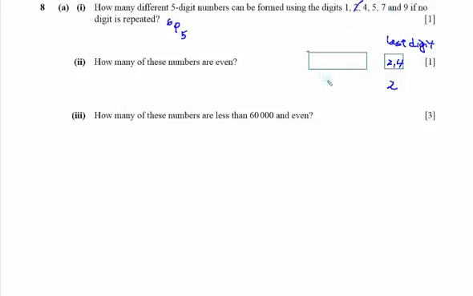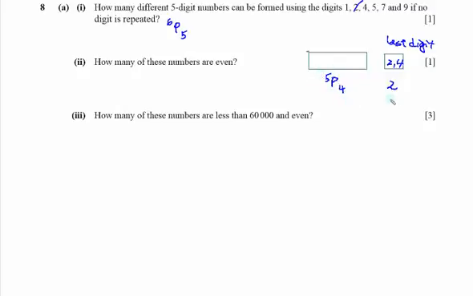So this is select and arrange, so this is 5P4. If the last digit is 2, then the first 4 digits can have this many arrangements.